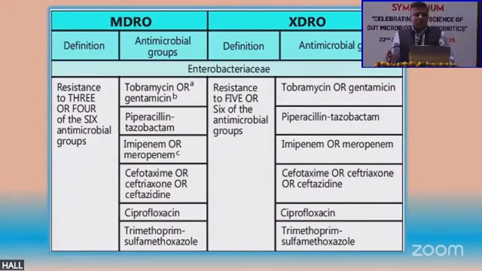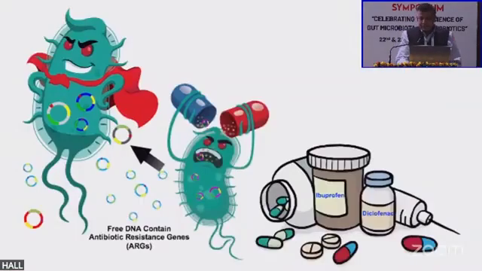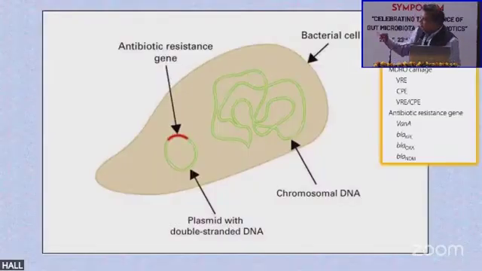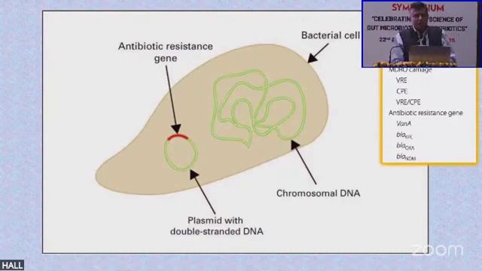What is MDR or multi-drug resistant organism? Simply said, it should be resistant to at least 3 of the 6 antimicrobial groups. And for XDRO, it is resistant to at least 5 of the 6 antimicrobial groups. Then there's a term known as antimicrobial resistance gene. What is it? It is a free DNA. This free DNA can get incorporated into the plasmid, and as a result, it can cause transmission of antimicrobial resistance.